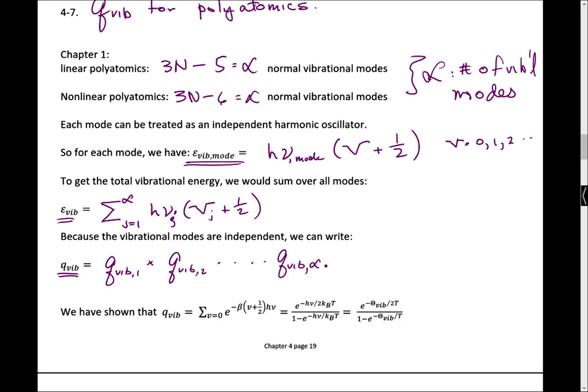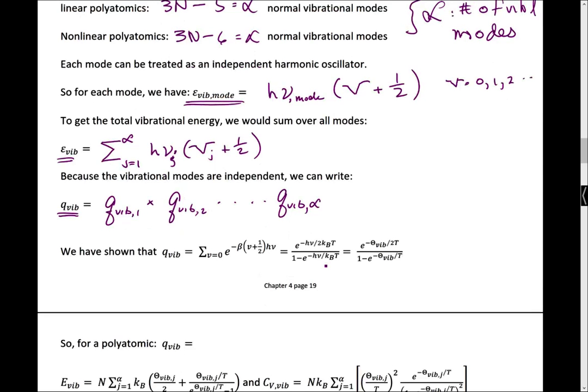And again, if I have 3 energy terms that I need to think about, that means I'm going to have 3 different vibrational partition functions that I multiply by each other to give us the overall partition function for vibration, right?